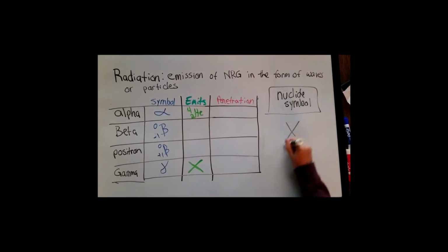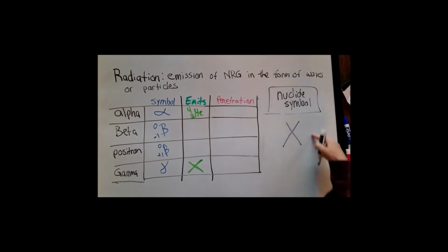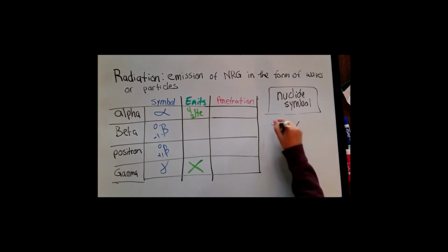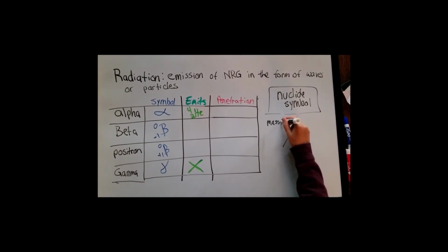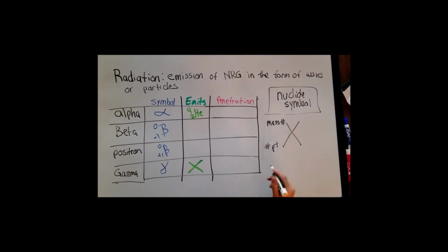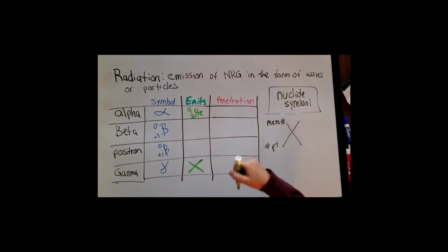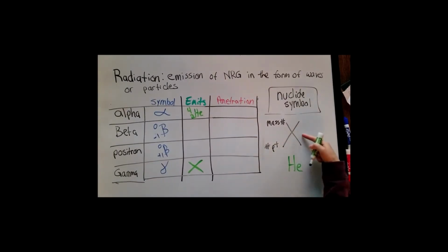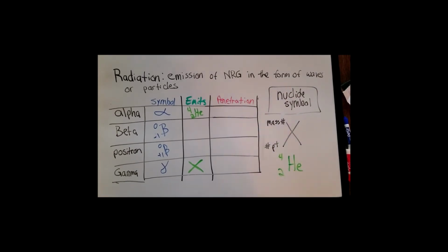When we talked about a nuclide symbol, we had the symbol here, in the top left corner the mass number, and in the bottom left the atomic number, or the number of protons, which is the same thing. So this is how we represent an isotope. When we're representing an alpha particle being emitted, we represent it as helium, with the mass number of 4 and the number of protons of helium, a 2. Okay, so that's where that symbol comes from. So that's an alpha particle.